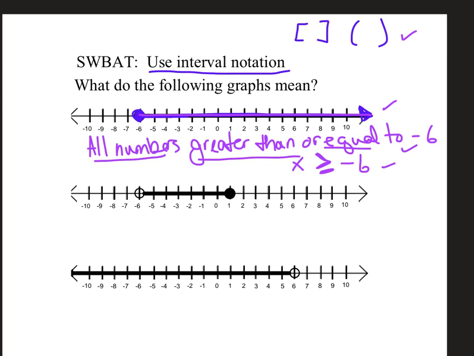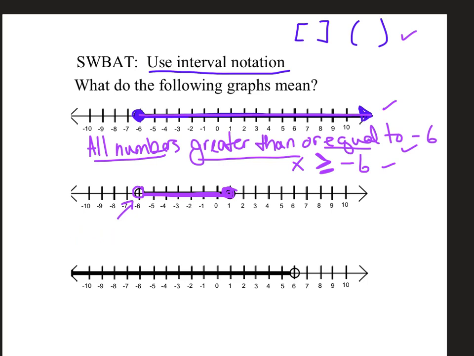This one says these are all the numbers between -6 and 1. Notice there's a circle that isn't colored in here. When it's not colored in, it means it can't be equal to -6, but it can get really, really close. Numbers like -5.99999999999 are in that, but just not -6.